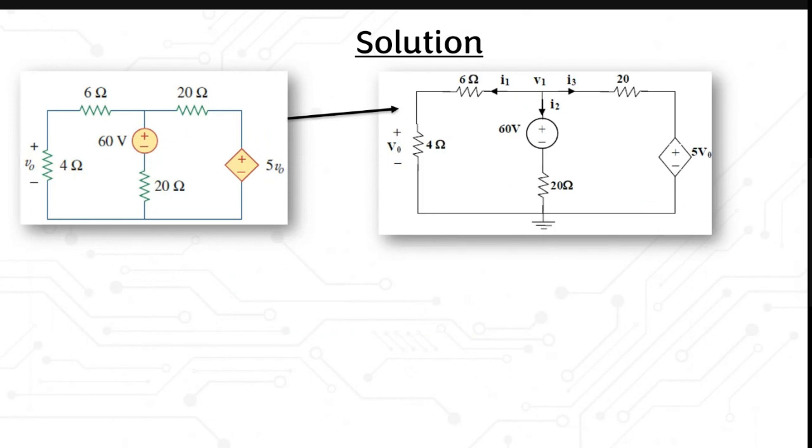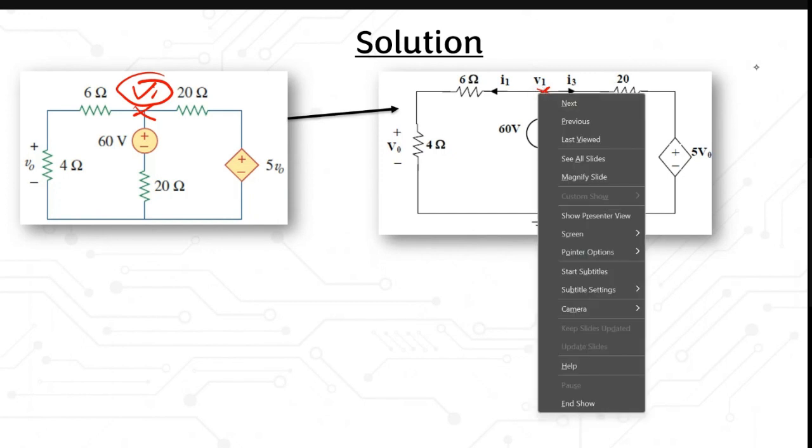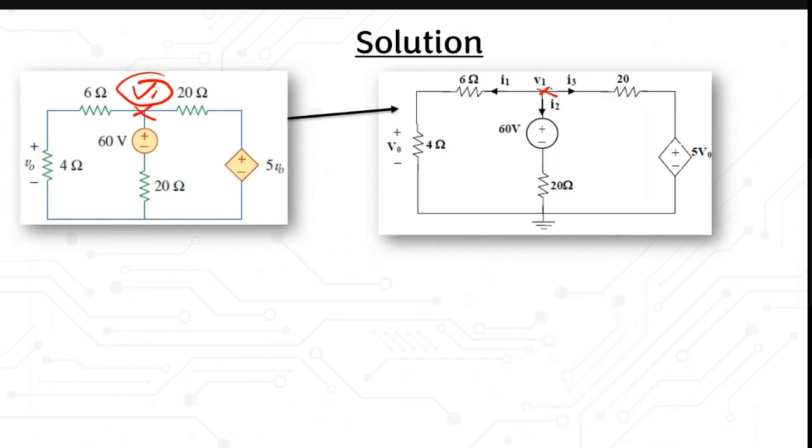It's easy if you draw your current directions in order to solve for your node voltage. Let's say we put this node as V1, where all the currents are leaving. For the summation, there is no current entering the node, so here you just put 0.